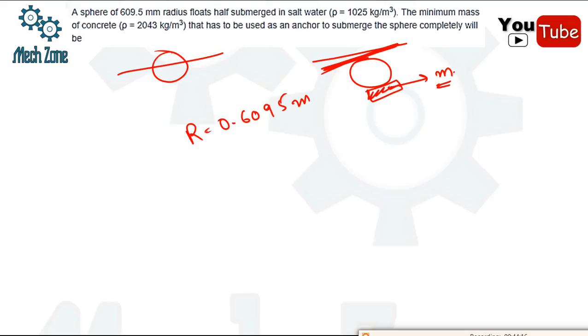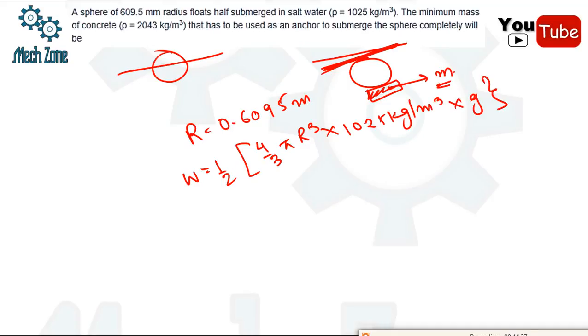The initial weight of the sphere would be calculated as 1/2 into 4/3 pi r cube into the density of salt water, given as 1025 kg per meter cube, multiplied by g.